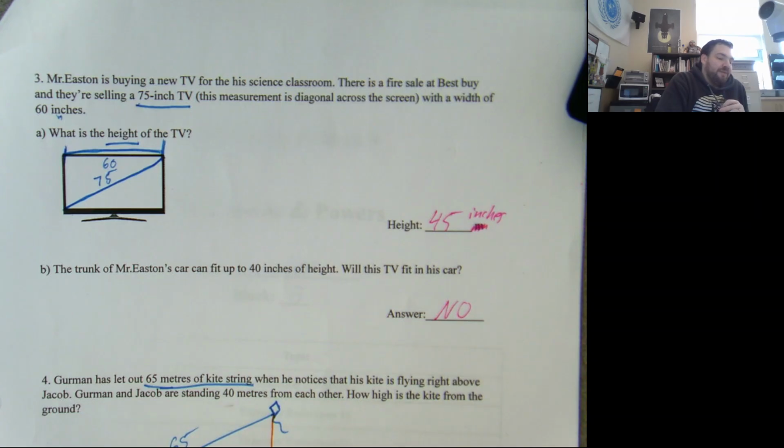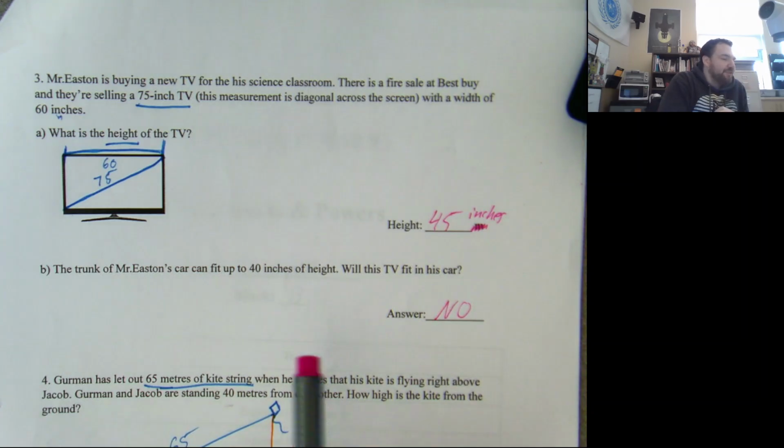So, you know what? This is a conversation you can go have with Mr. Easton. I don't know how he was arranging it in his car. And actually, I know what kind of car Mr. Easton drives. In the real world, he would absolutely be able to fit a 40-inch TV in his car. He drives a RAV4 with a car seat, which means the rest of the seats can go all the way down.